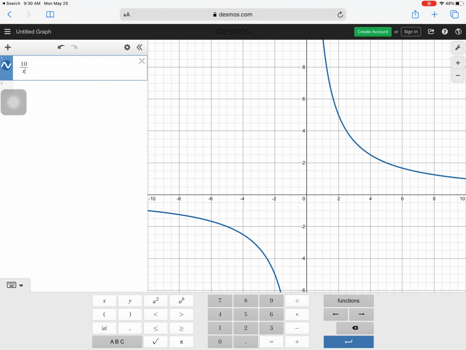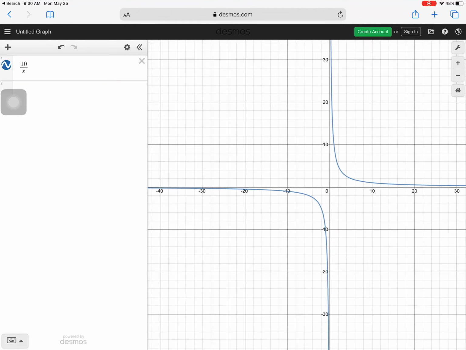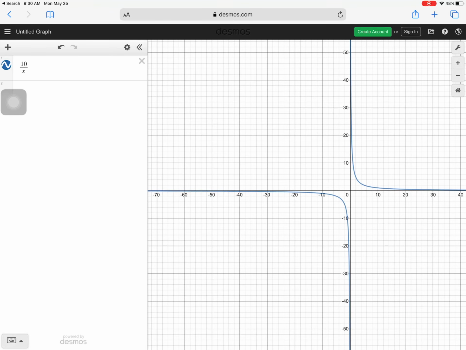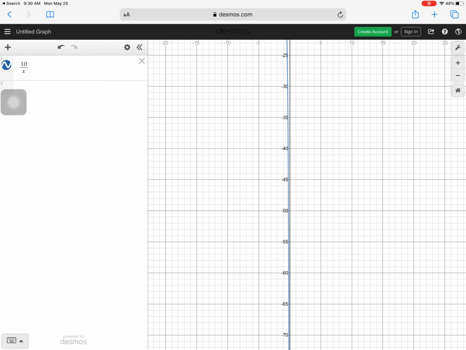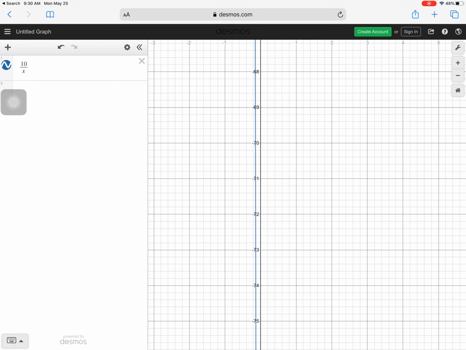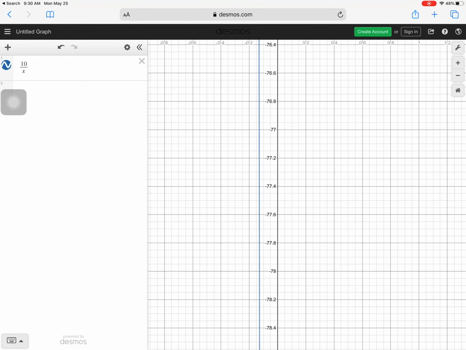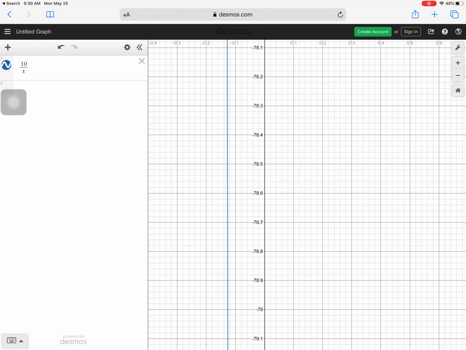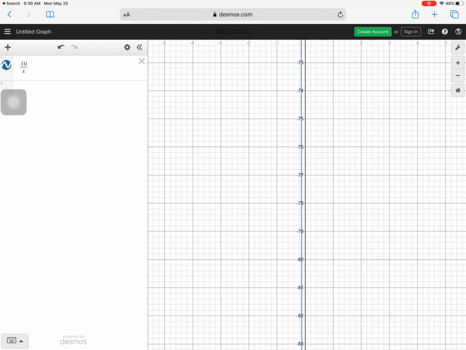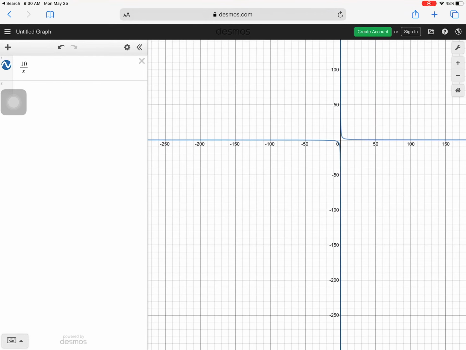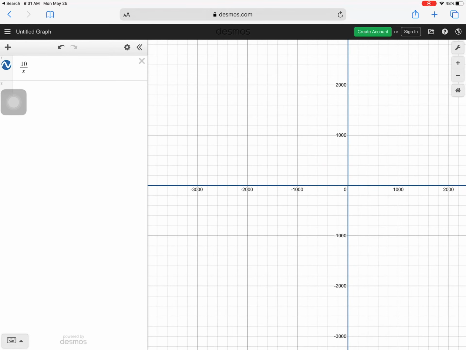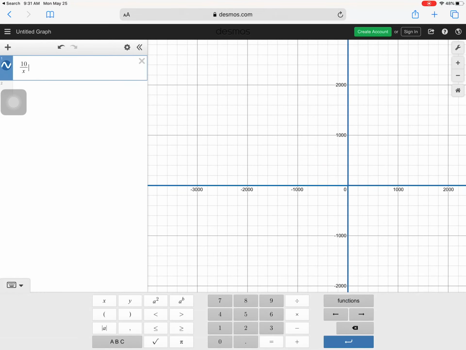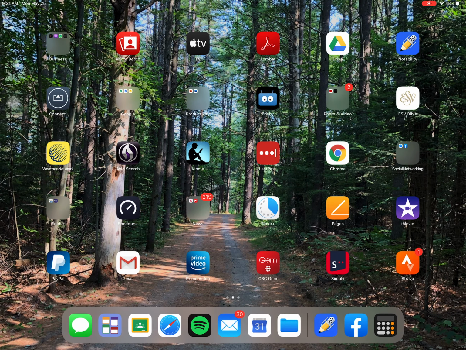You can see our graph here shows that it will get closer to 0, but it'll never touch 0. So the further down that line you go, you can see that it's very close to 0, but it's never going to touch 0. It just gets larger and larger and larger. And that's essentially the whole premise behind 10 divided by x.